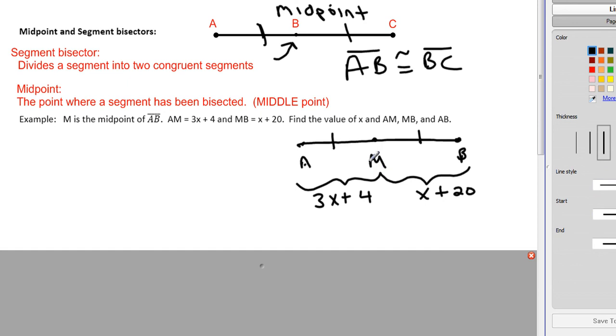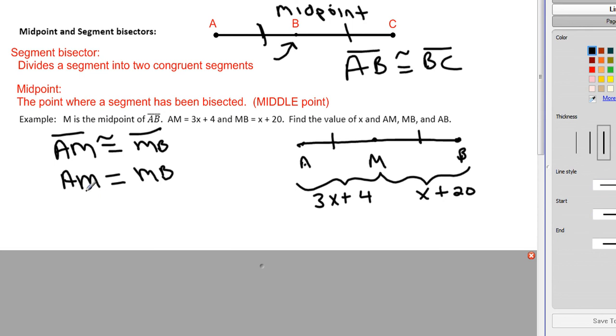We said that M was the midpoint, so that means that segment AM is congruent to segment MB, right? And that also means, coming down into algebra, that the length of AM is equal to the length of MB.